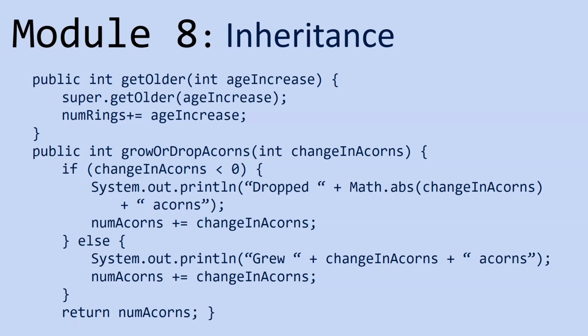But I just wanted to save space, and it's not that weird to say it grew 0 acorns. So in this else, it was at least zero or a positive number. So it prints grew, changeInAcorns, and then numAcorns increases by changeInAcorns, and then just return numAcorns so that whoever called this method now knows how many total acorns there are.